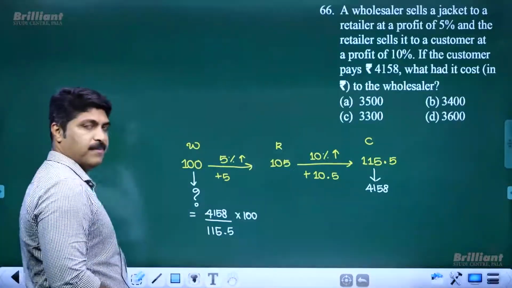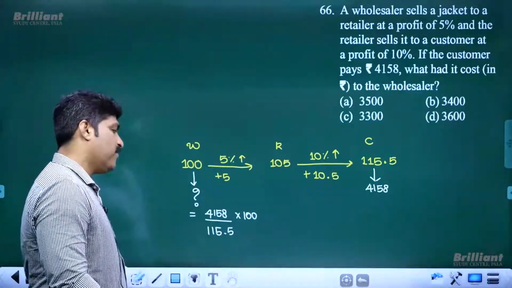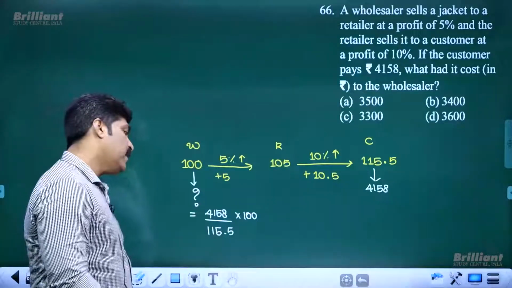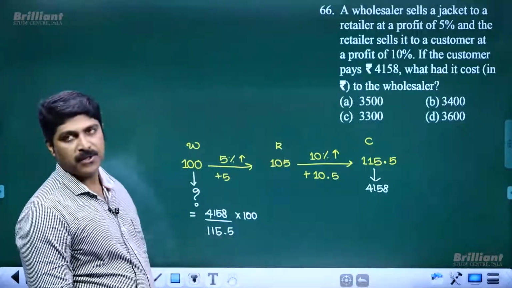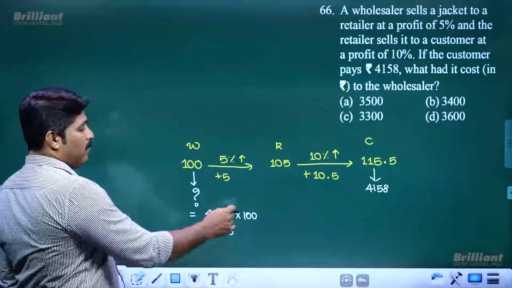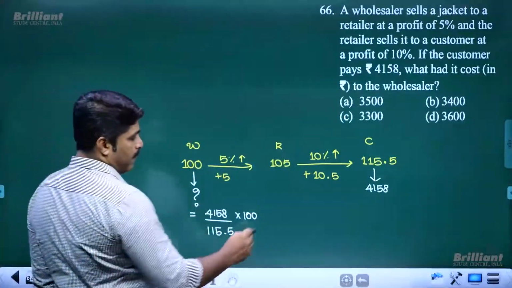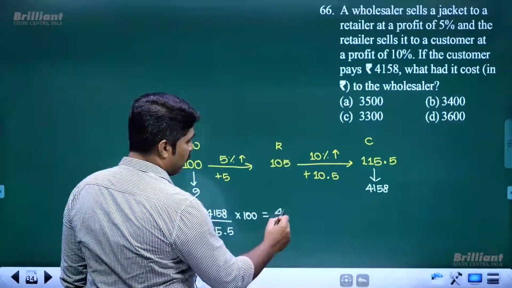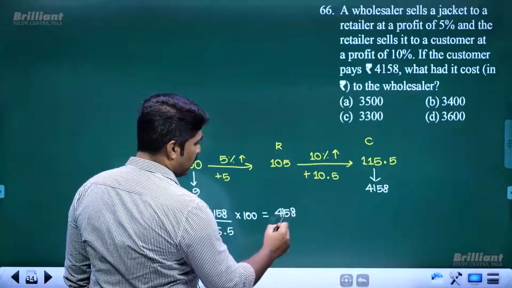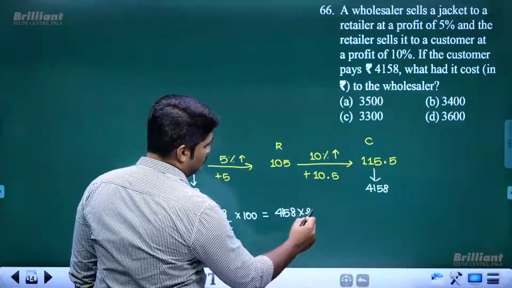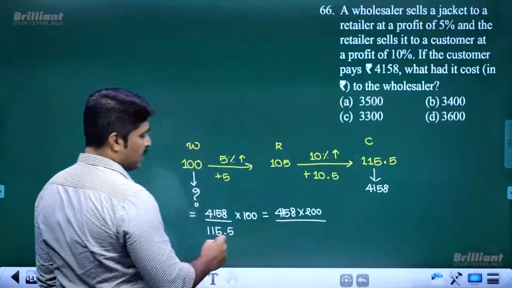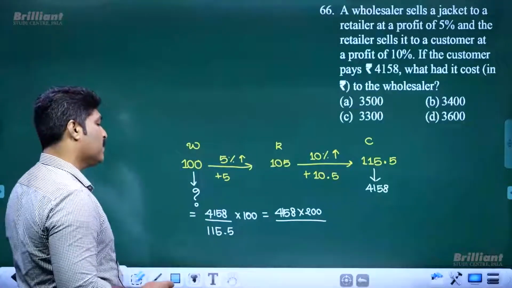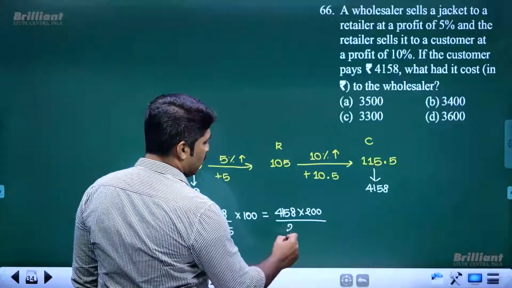So how to simplify it further? If you need to remove this decimal portion, just multiply both values by 2. Then this will be equal to 4158 into 200 divided by 231.